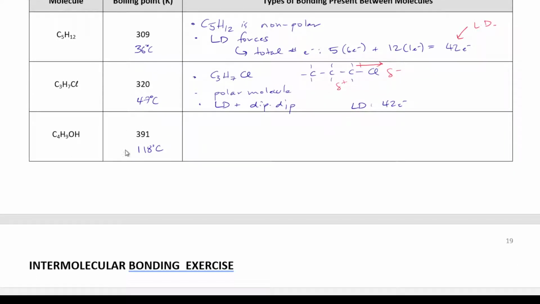The next is C4H9OH, and because we have an OH bond inside the molecule, that will produce hydrogen bonds between separate molecules.